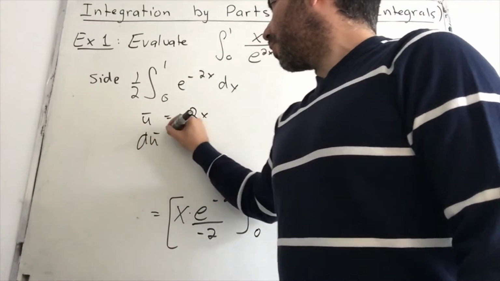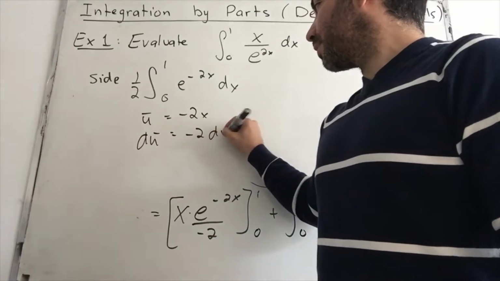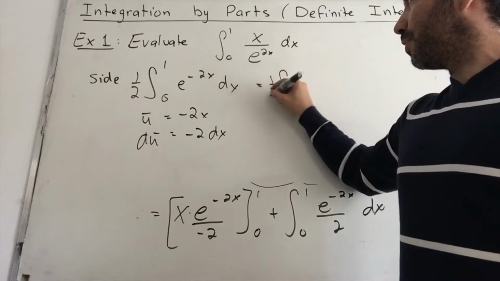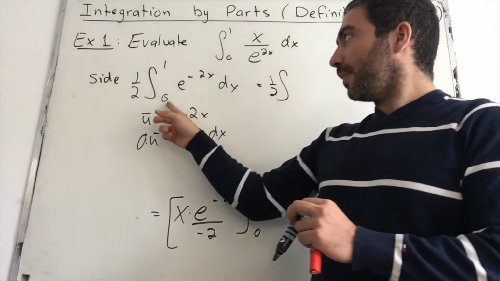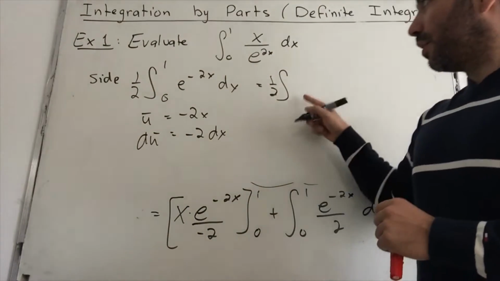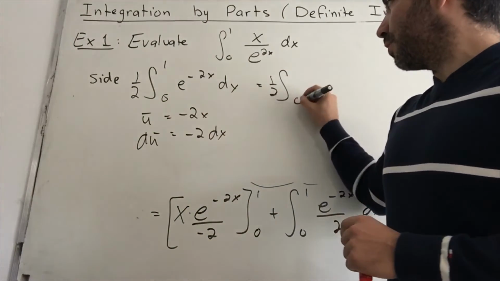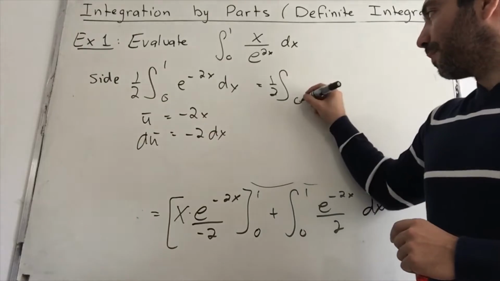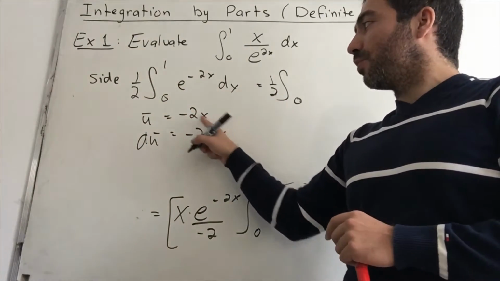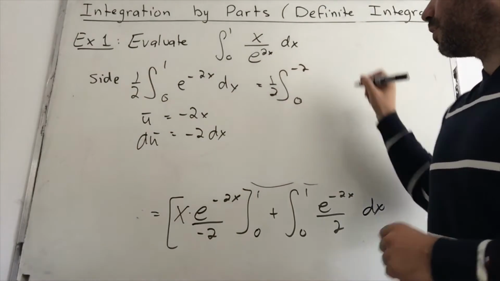The derivative of u bar is equal to negative 2 dx. Solving for dx, we could do that. This is a u substitution, so now we do have to change the bounds. The lower bound becomes 0 because 0 times negative 2 is 0. And the upper bound we have to switch. We're replacing the x with 1. Negative 2 times 1 is negative 2.